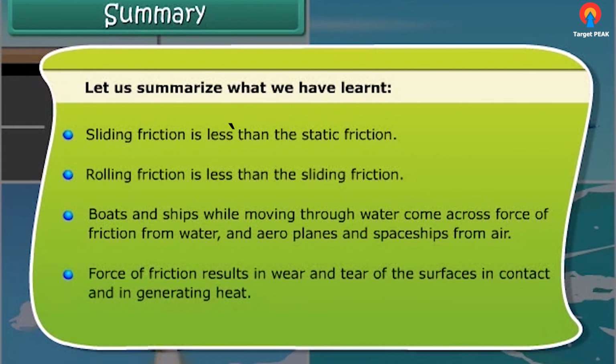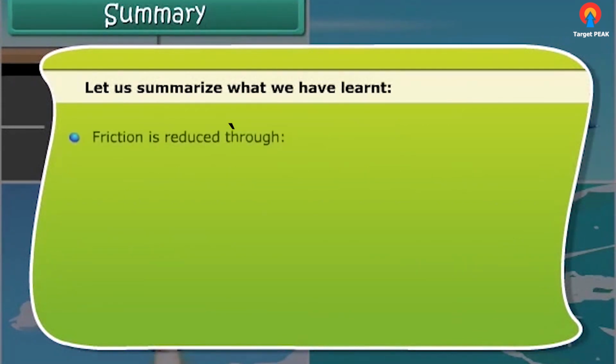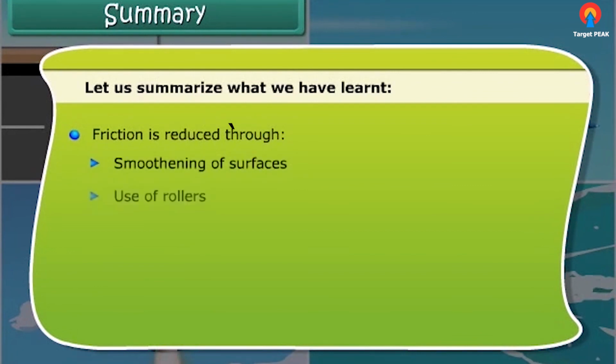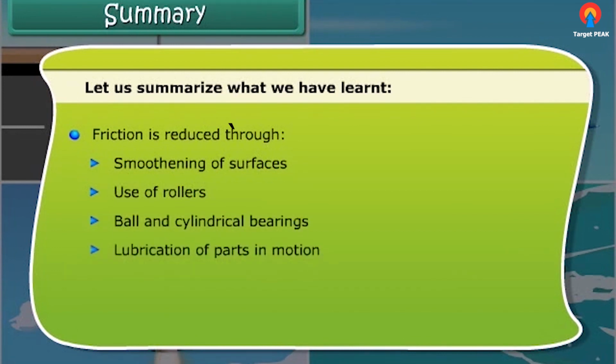Force of friction results in wear and tear of the surfaces in contact and in generating heat. Friction is reduced through smoothing of surfaces, use of rollers, ball and cylindrical bearings, lubrication of parts in motion, and streamlined shape of vehicles.